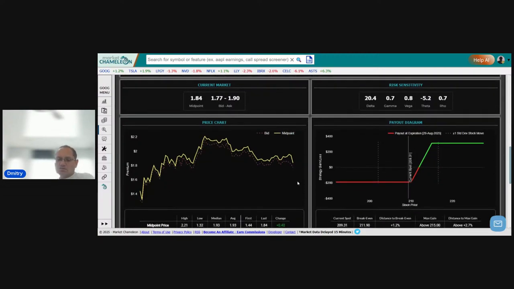Another thing we could look at is the price chart. How did this particular spread change throughout the day? So this is a daily chart. It plots the spread value.